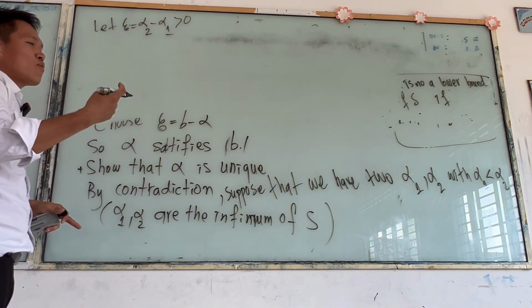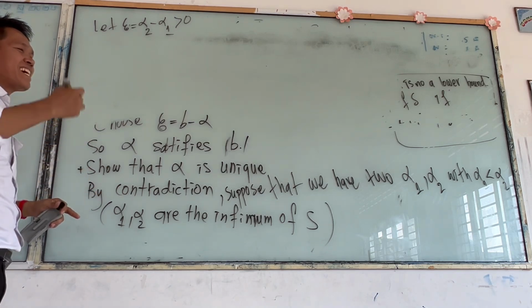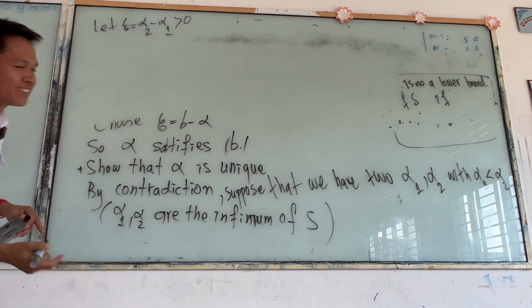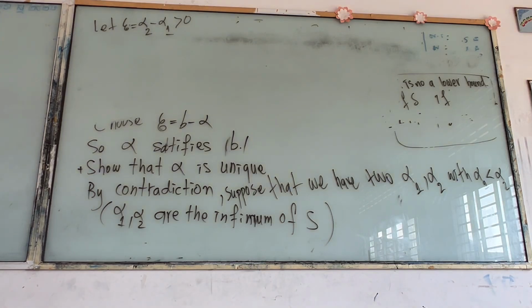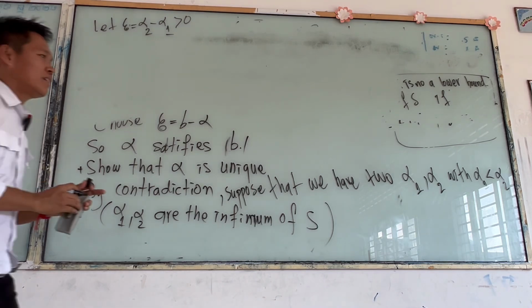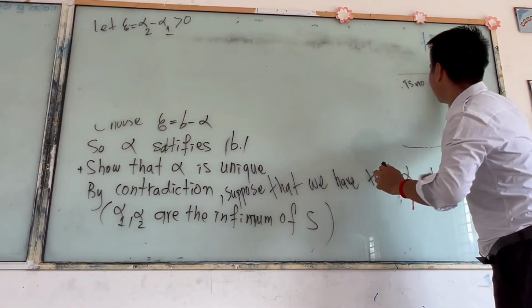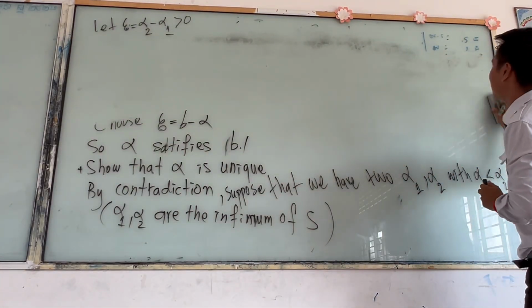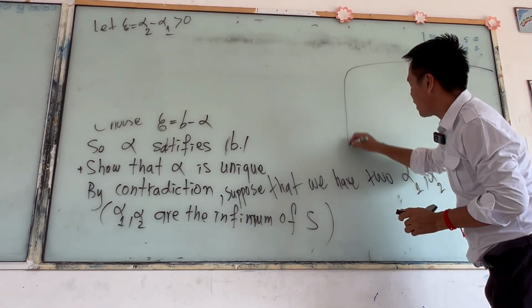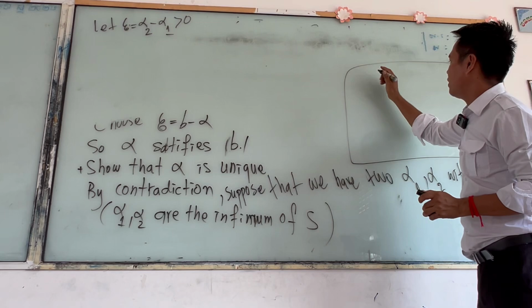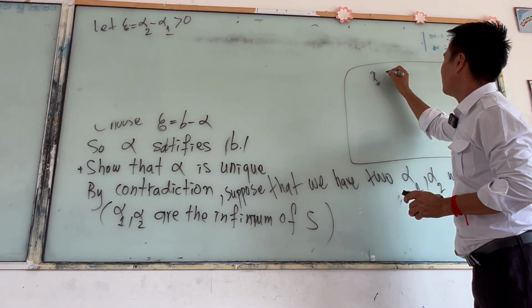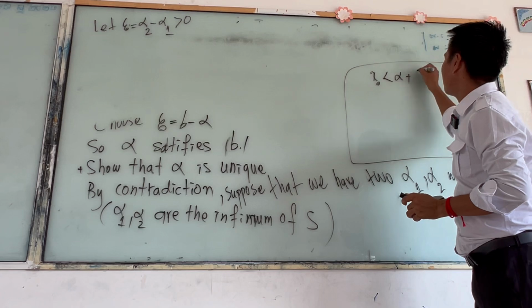If epsilon is a positive number, then there exists x0 in S such that x0 is less than the infimum plus epsilon. We have shown already that the infimum alpha satisfies condition B: x0 less than alpha plus epsilon, right?